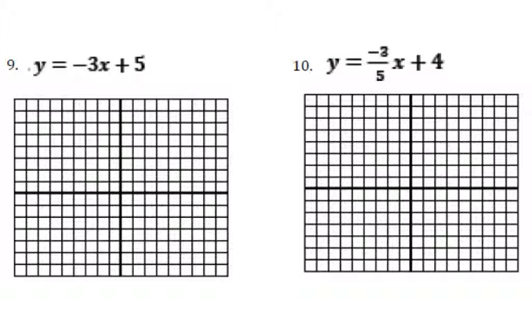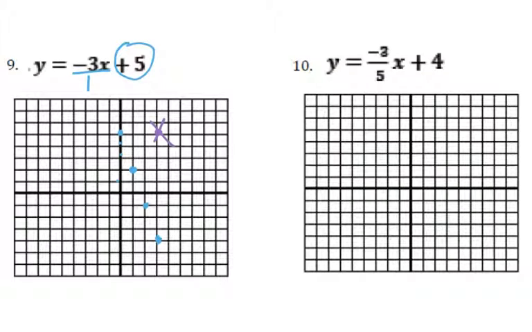Alright, last 2. Okay, positive 5 for the y-intercept. -3, put it over 1, so we go down 3 to the right 1, down 3 to the right 1, down 3 to the right 1. Okay, so is our point 3, 5 an answer?